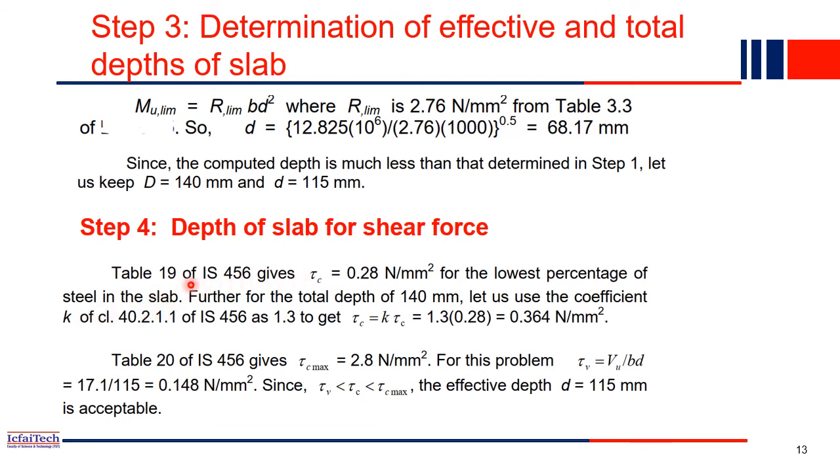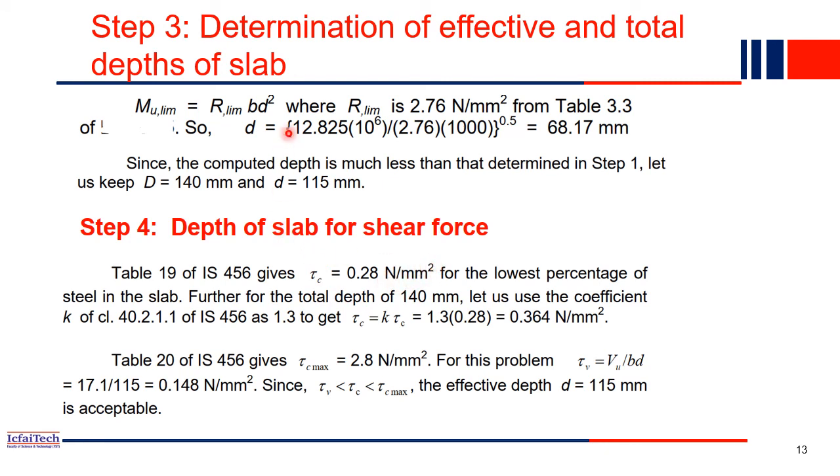So whatever concrete and steel there is, even the lowest percentage of steel will give you 0.28 Newton per mm square shear strength capacity.